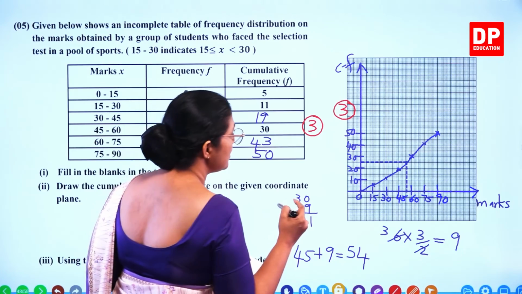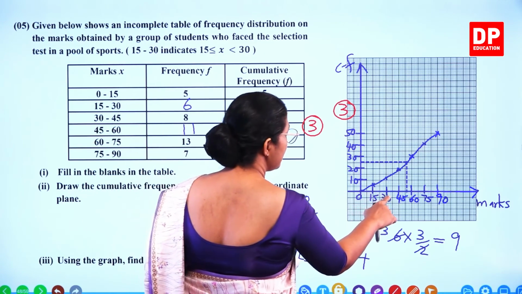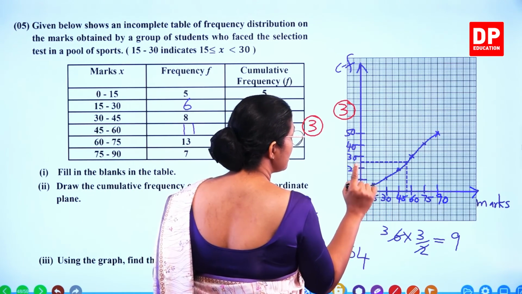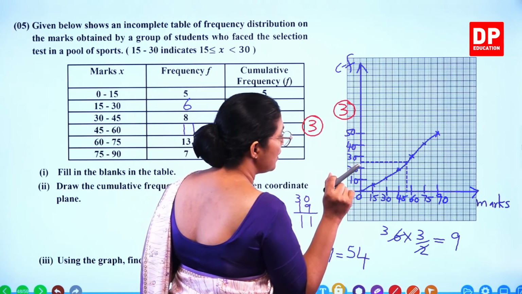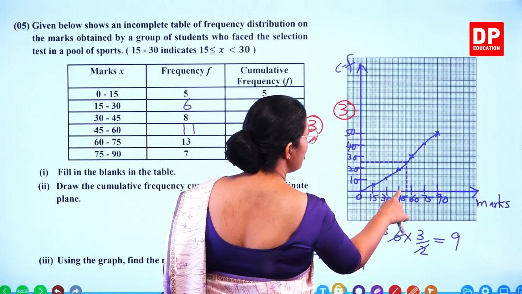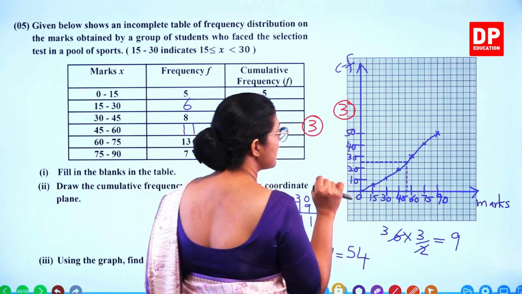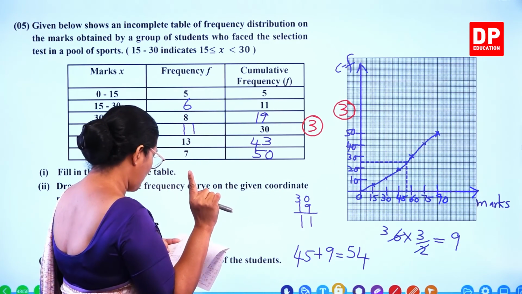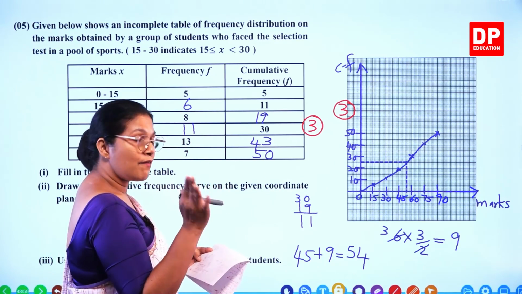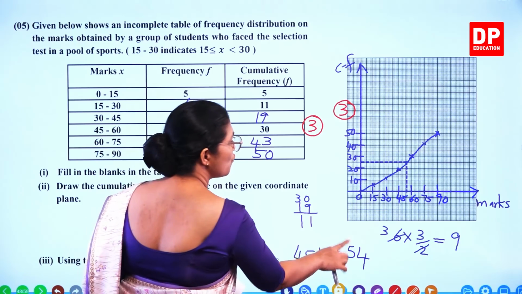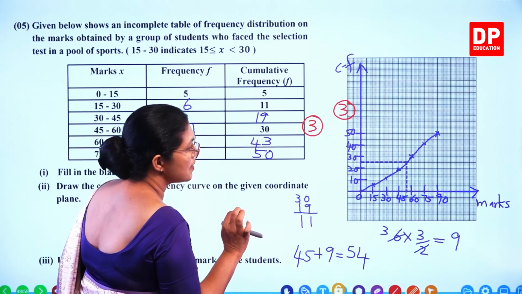It's difficult to read exactly, but we know one small square is 1.5. So 1.5 into, for me, like 6. 52.5, or plus or minus close to 54, you get marks.